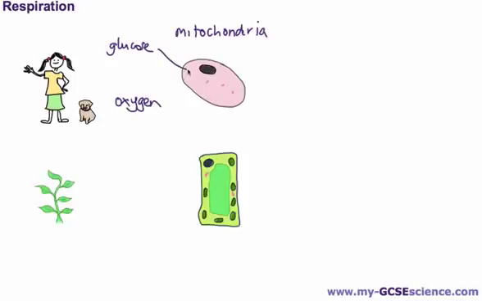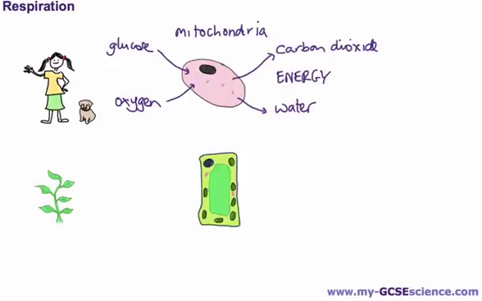These both enter the cell, and two waste products are made, and those are carbon dioxide and water. And of course, to go along with that, we have our energy. And that energy can be used for a whole variety of things, which we'll talk about in a minute.